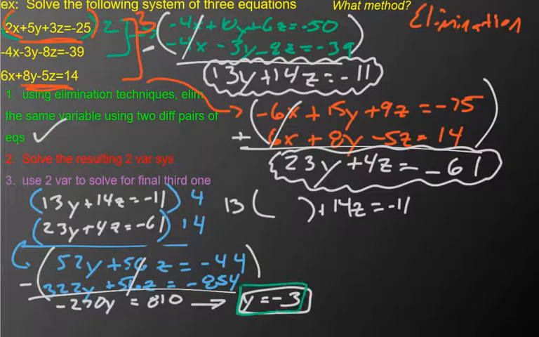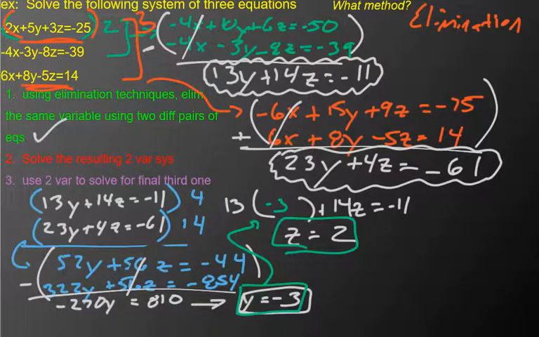I'm just going to solve it out quickly. Z would be 2 if you solve that out. So that is another nice number.